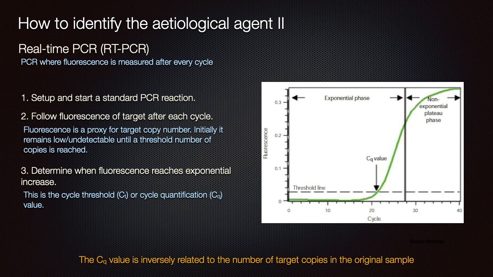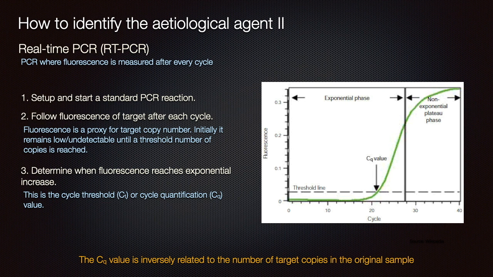That CQ value has an inverse relationship with the number of target copies in the original sample. In other words, the more starting material you have, for example, the more copies of that pathogen gene you have, the earlier you'll be able to detect fluorescence.